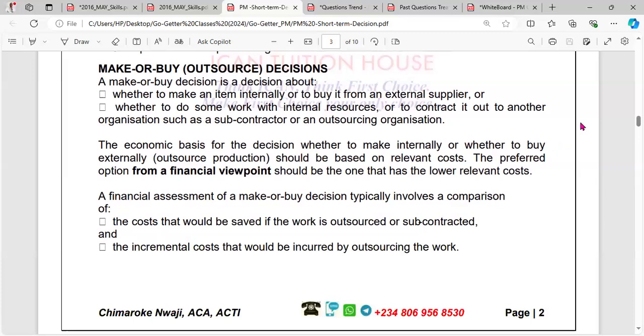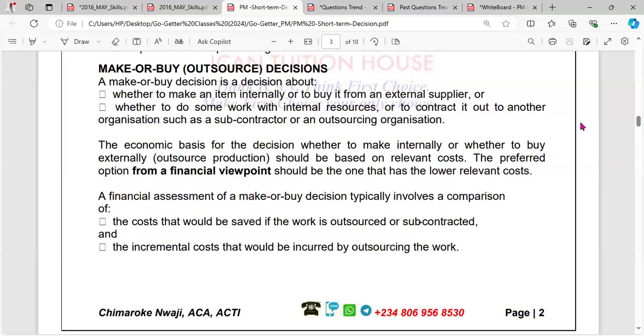You need to either make the item internally or buy that thing from an external supplier. Or you want to decide whether to do some work with internal resources or to contract it to outside organizations such as a subcontractor to do the job.